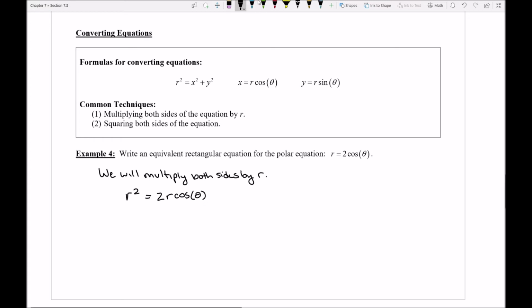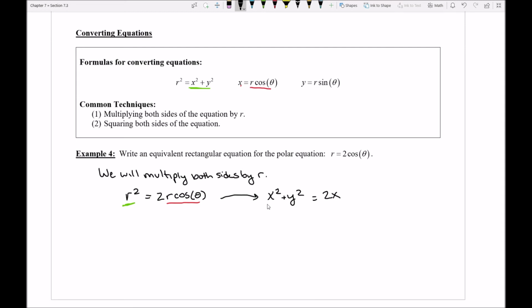What that allows me to do is it gives me r squared, which can be substituted out for x squared plus y squared, but it also gives me this r cosine theta, which I can substitute out for the value of x. So if I was to take this and do a transformation with it, I can see that the other side is now x squared plus y squared is equal to 2x.